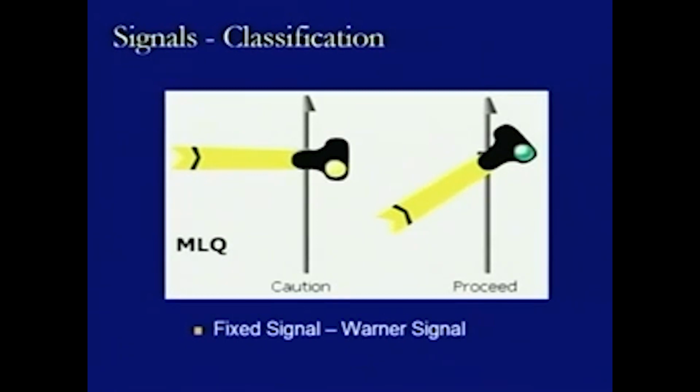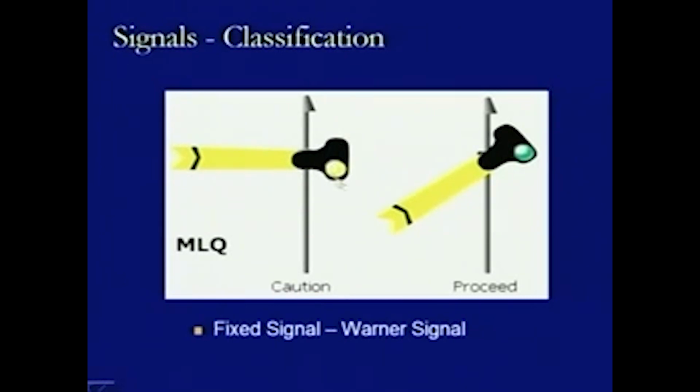Now, in this diagram we are looking at one of the Warner signals. Warner signals are provided with a yellow background and a band, with a V notch at the end. We can see that this is a V notch being provided here as well as here, and it has two colored glasses as in the case of the semaphore signals.